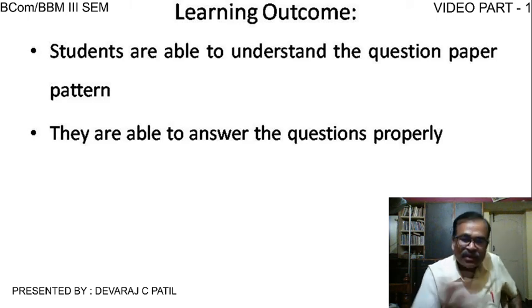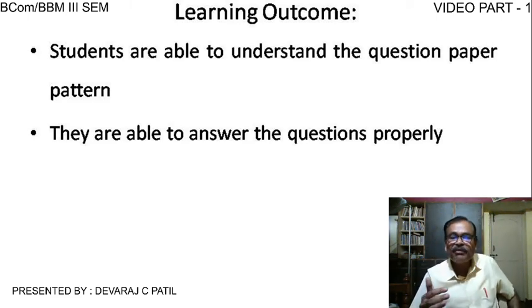So knowing the types of questions helps you to prepare for that type of question in a systematic way, in a scientific way, in a logical way, so that brings you greater success than you expect. This is what you have to learn from the question paper pattern.